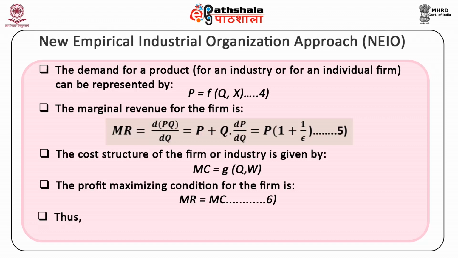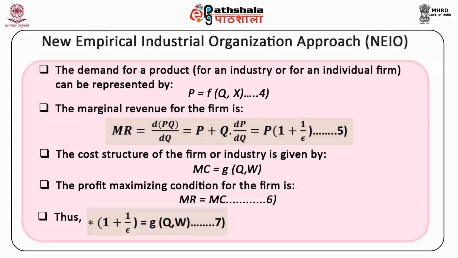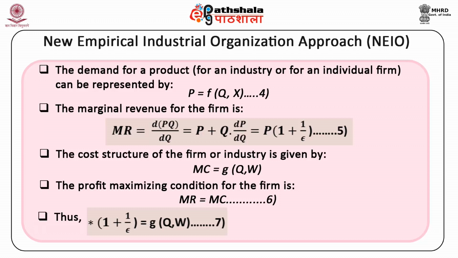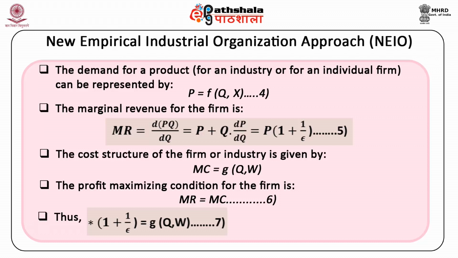Thus, P(1 + 1/E) = g(Q, W). The NEIO approach estimates equations 4 and 7 jointly using appropriate econometric techniques. This approach makes use of changes in the price elasticity of demand to make inferences about market power.